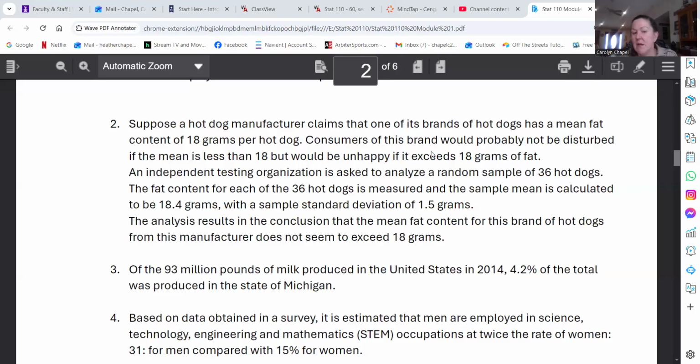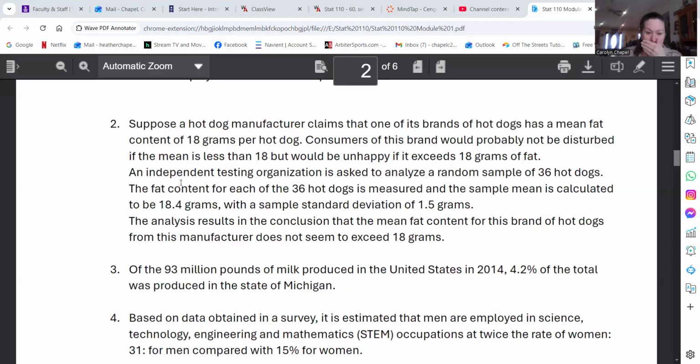Now, to me, 18.4 is larger than 18, but whatever statistical methods they use, they determined that for whatever reason, it really isn't big enough from that 18 to say that all these hot dogs have more than 18 grams. So that is one way that we infer a sample onto the entire group of hot dogs.